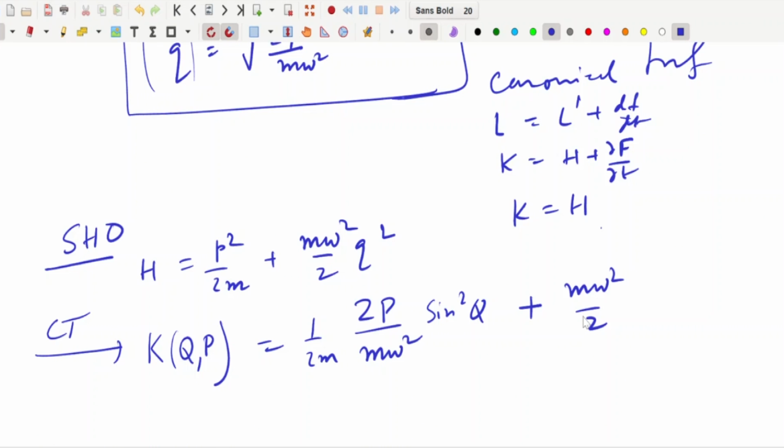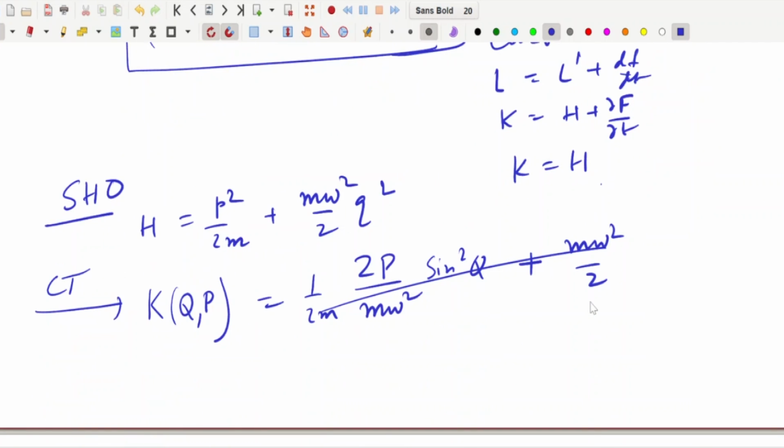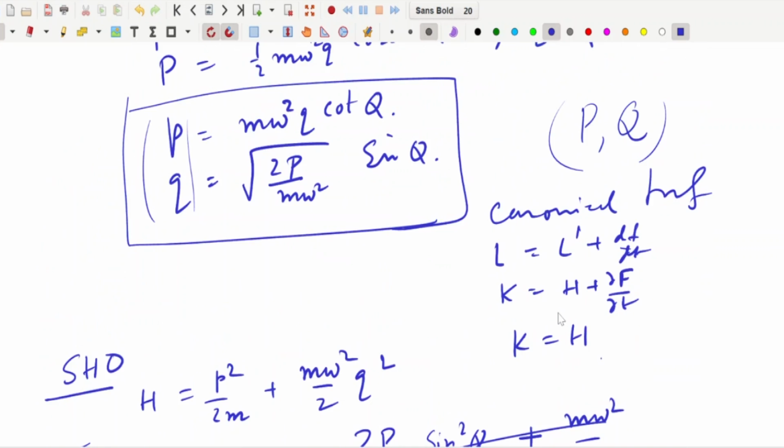So, let me do it first. p square is m square omega square q square cot square Q.